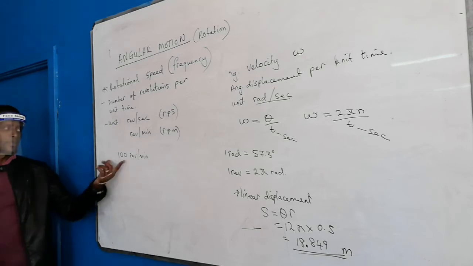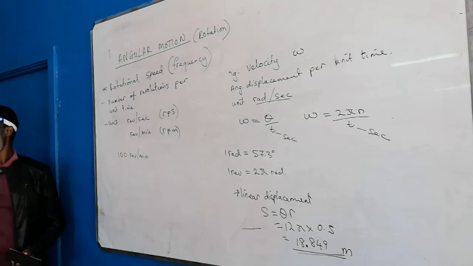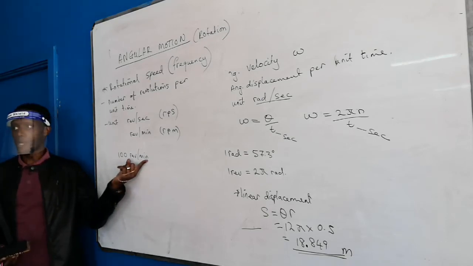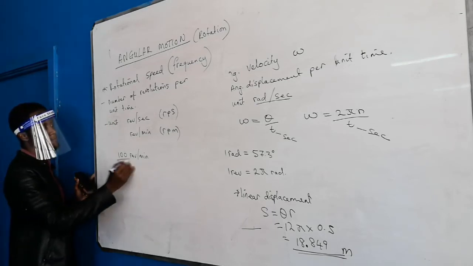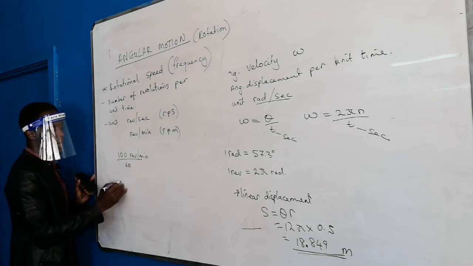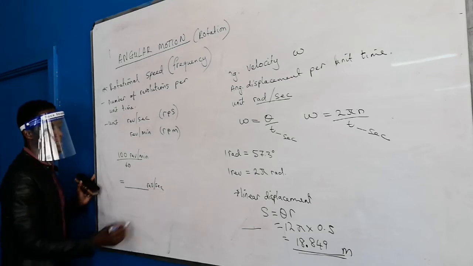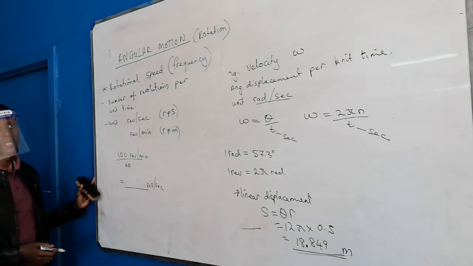If they ask you how many it is making in 1 second, remember, a minute is made up of 60 seconds. If you divide this by 60, our answer will be revs per second. 60 divided into 100 gives us how much?